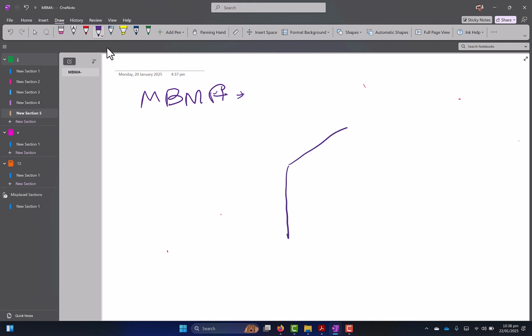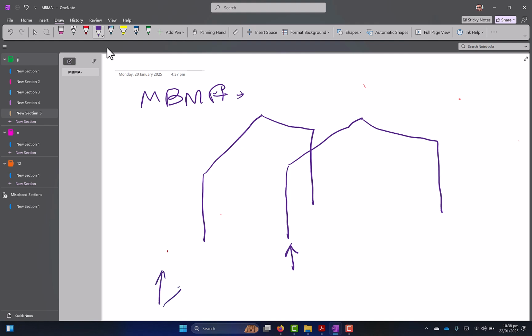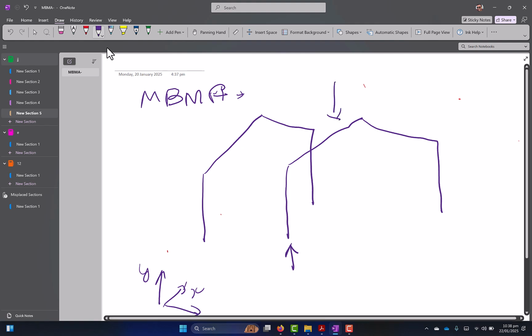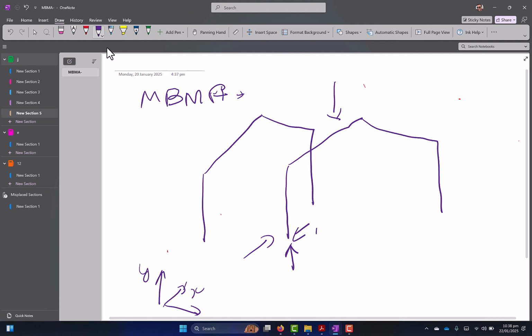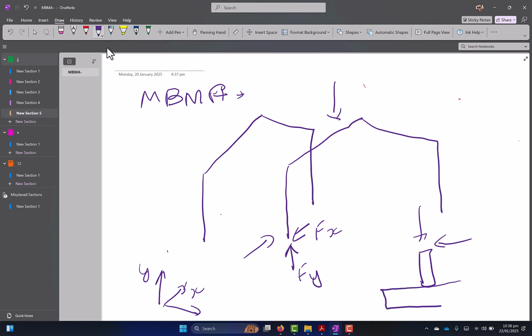So if I take two frames like this, the planar direction, if this is y, this is x, and this is z, the gravity loads and the lateral loads are resisted here by Fx and Fy, for which we have a foundation in the plane direction, this and this. So we encounter overturning and sliding and unbalanced soil pressure.